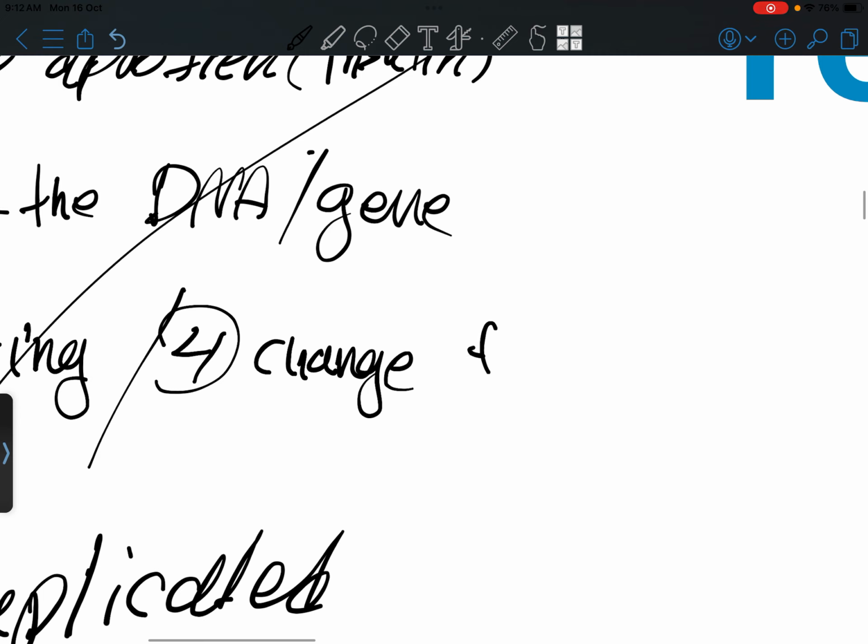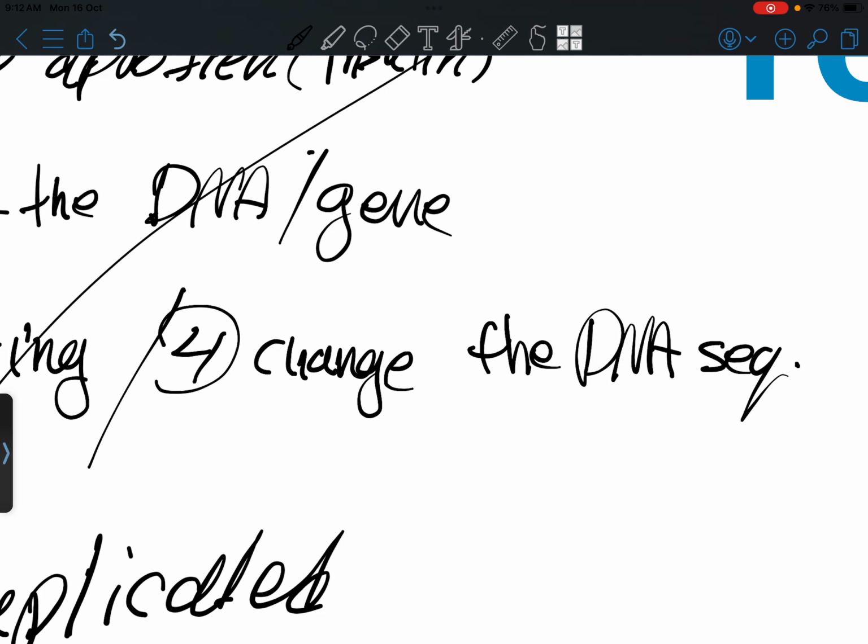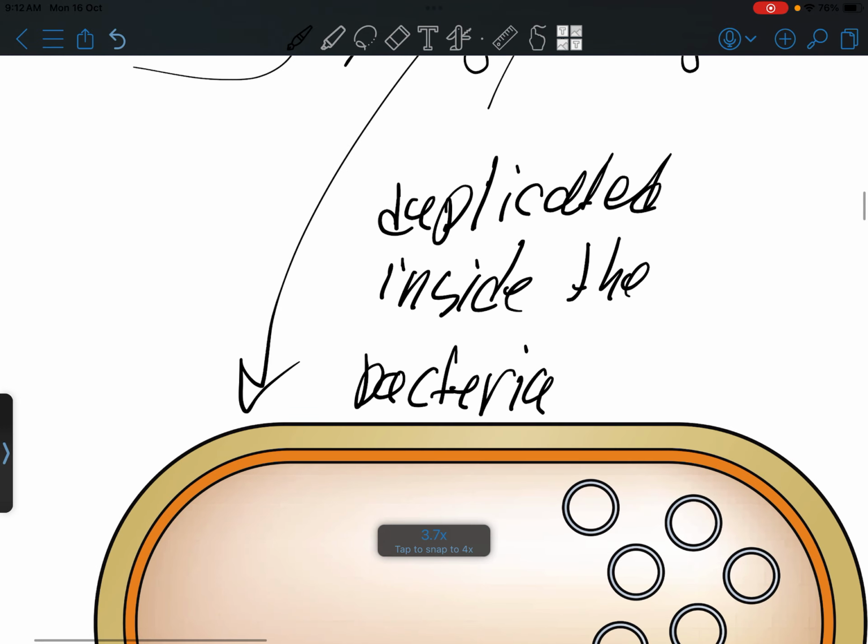We have a DNA fragment or a gene that we want to change its sequence. These are the four major reasons why we need to clone, but there are many others.